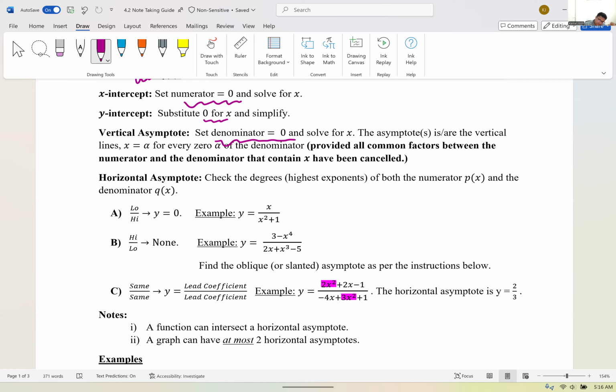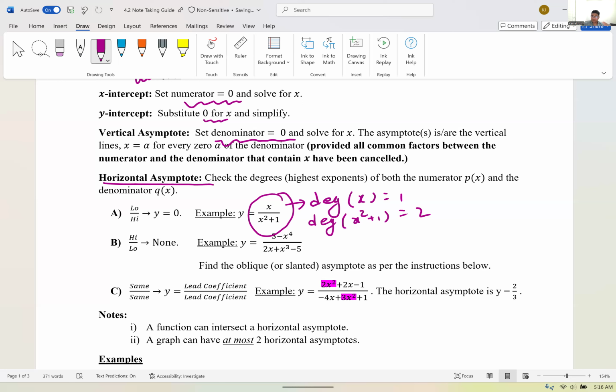Suppose here, regarding horizontal asymptote, suppose your rational function is like that, x divided by x square plus 1. So the degree of the numerator, x, is 1. The degree of the denominator, x square plus 1, is 2.